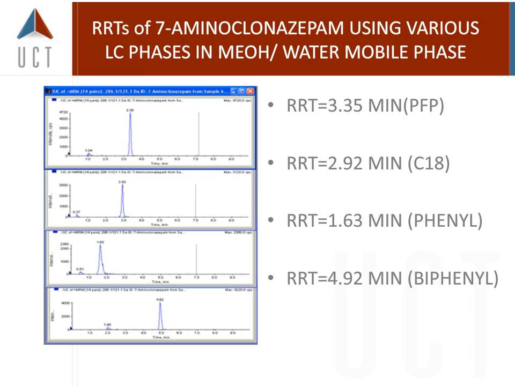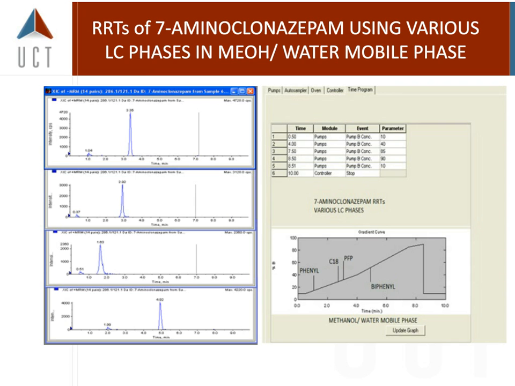So when we look at, again, the gradient and understanding how it retains, I refer back to the phase, the silica or the resin-based phase that might be used in a solid phase extraction procedure.